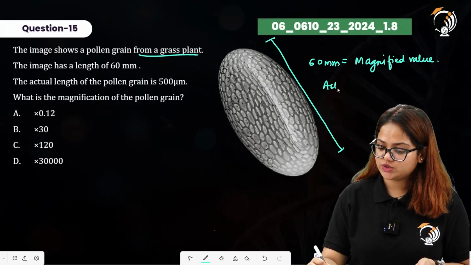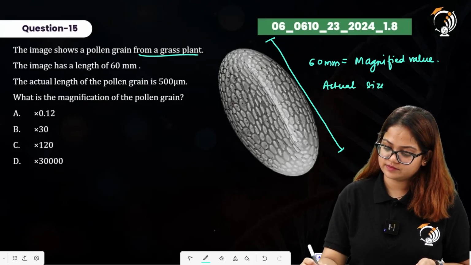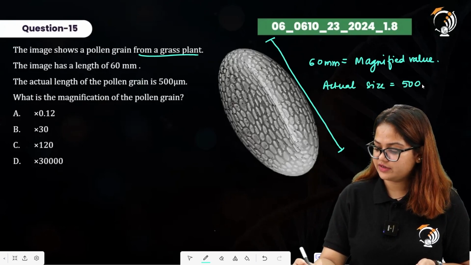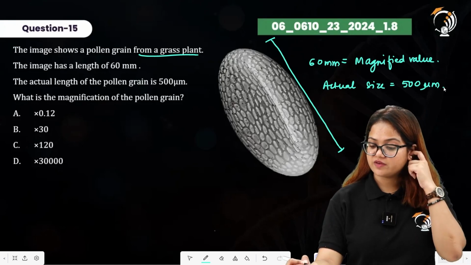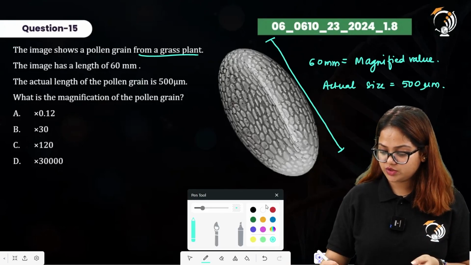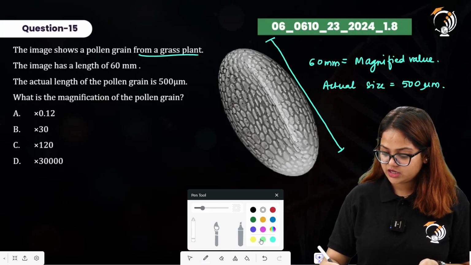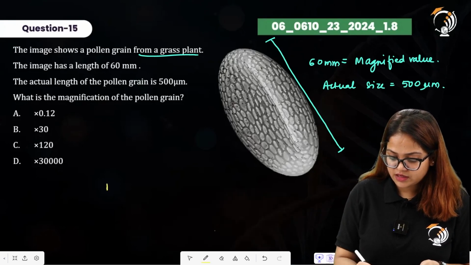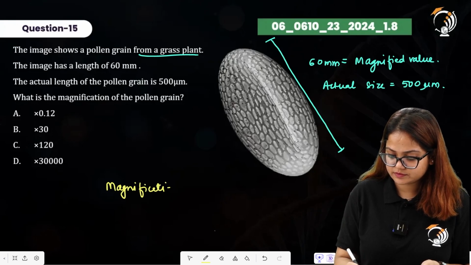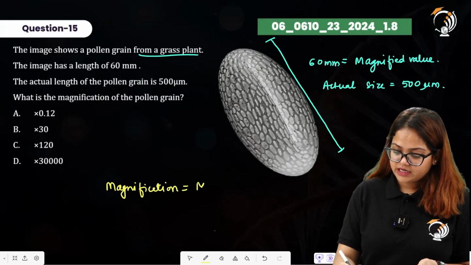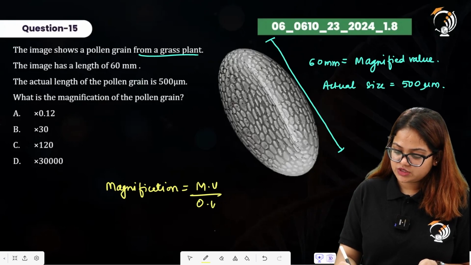We have actual size as well, 500 micrometers. Since you can observe that both of the units are different, we will convert them. So magnification comes out to be magnified value divided by original value.